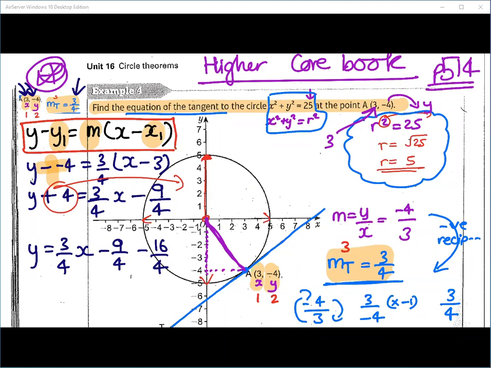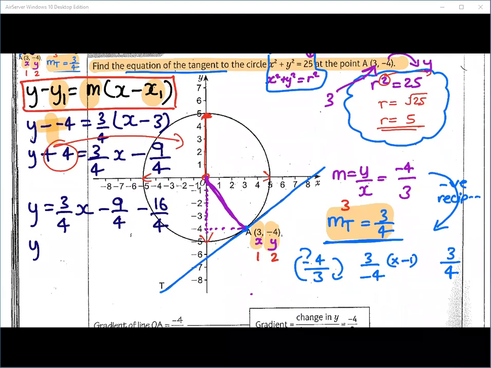So let's try to tidy this up now. So y is equal to 3/4 x minus 9/4 minus 16/4 gives you how many? -25/4. Now, the answers are given in the back of this particular book, and they don't want you leaving the answer like this. You just do 4y equals 3x minus 25.